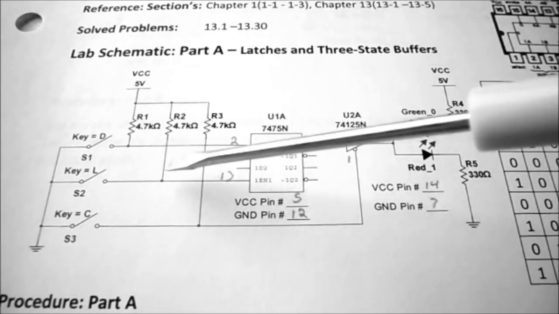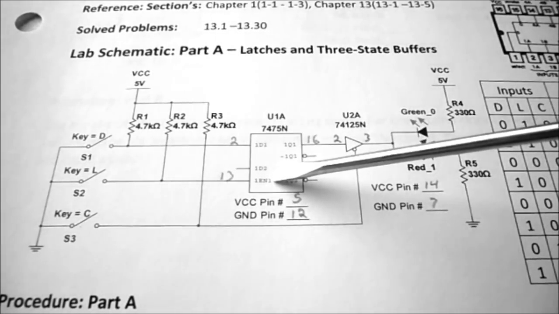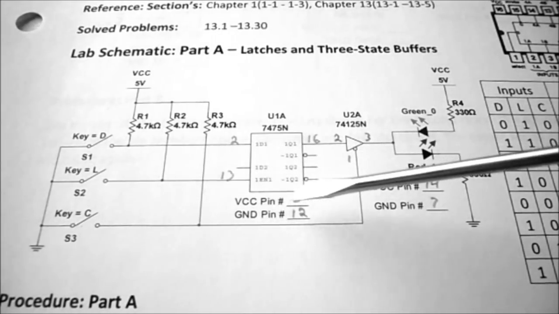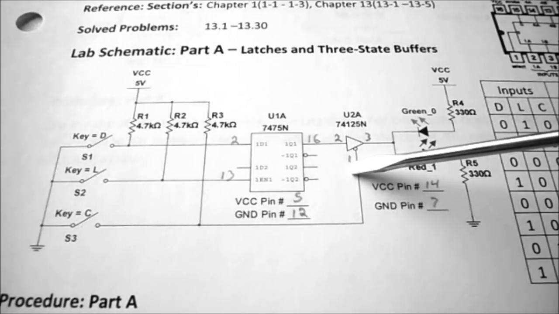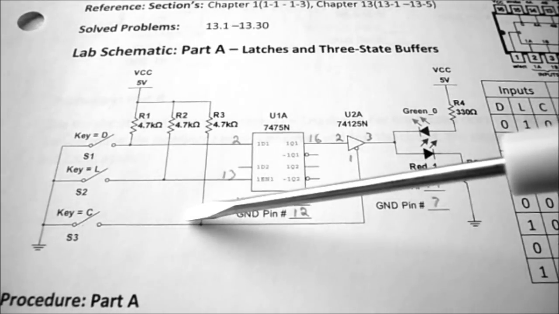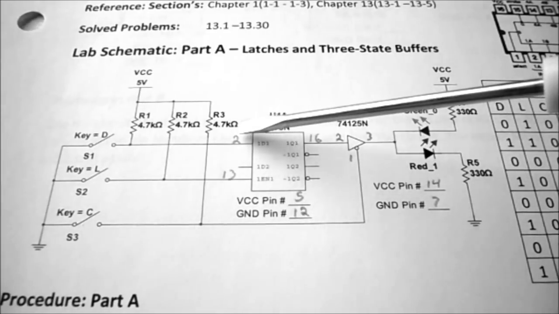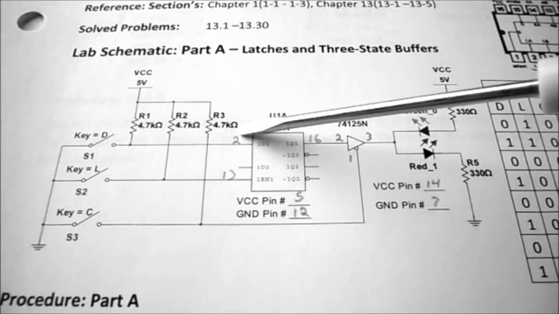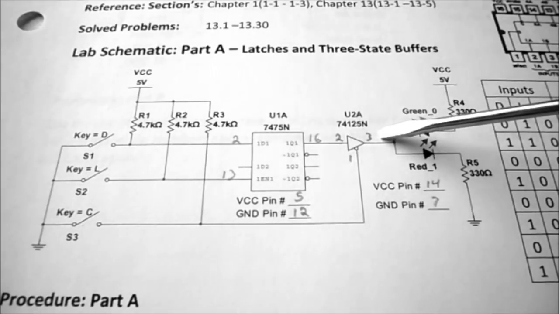So you can see when L is enabling the 7475, that's active high. So that's a 1. And to enable the 74125, you can see there's a little bubble there, so that has to be a low, so that has to be 0. Then whatever is on the D switch on 2 should show up on 3.